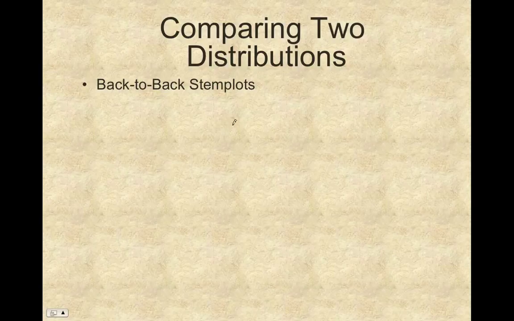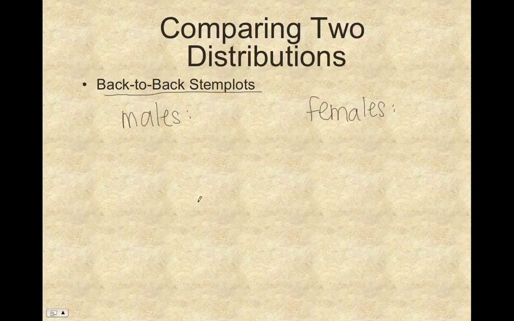One interesting graph that can be used to compare two distributions is called a back-to-back stem plot. Now, a back-to-back stem plot can be used to compare distributions for two different groups. So let's say I have heights of males, in inches, and then I have heights of females in inches, okay?